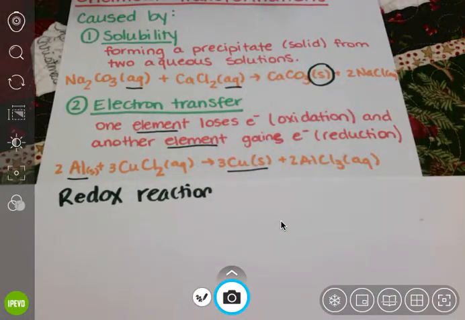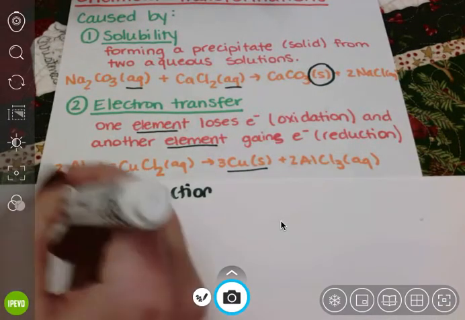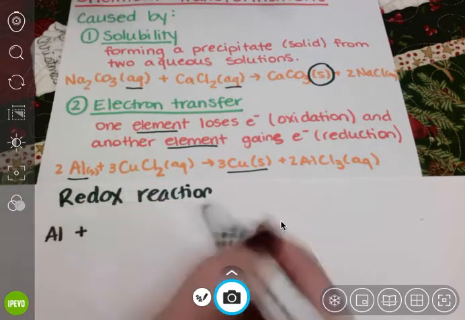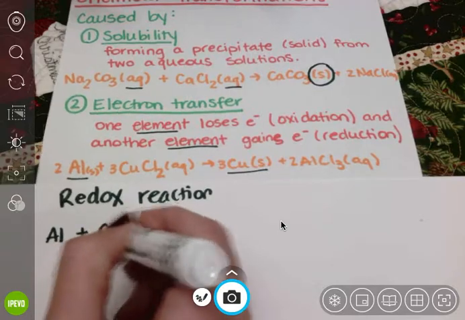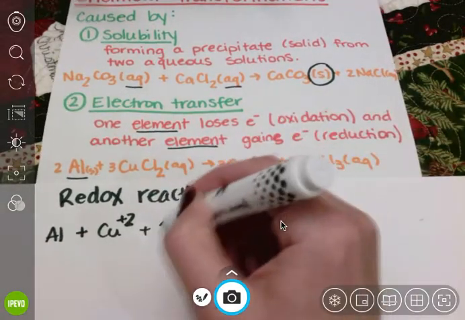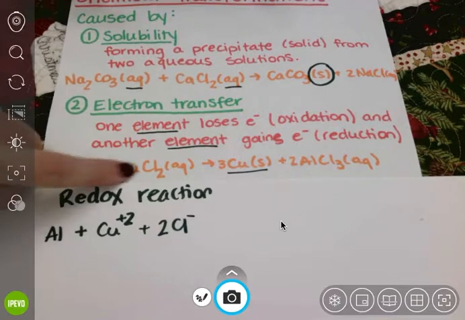Remember, anything that says AQ becomes ions in solution. Well, aluminum solid, that doesn't say AQ. And so I'm going to keep that as Al. But CuCl2 says aqueous after it, so that copper is a +2, and there will be 2 chloride ions in solution when we dissociate this copper 2 chloride right here.